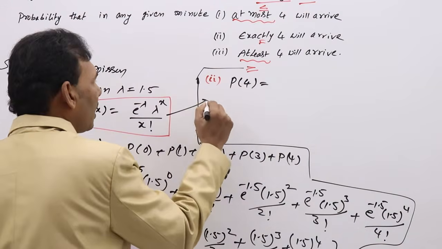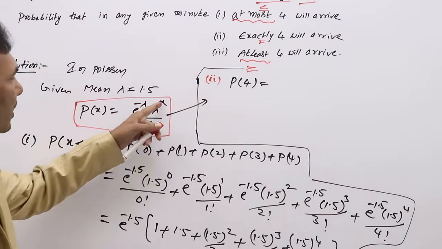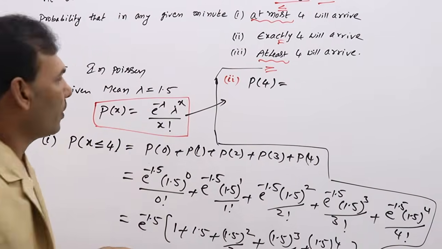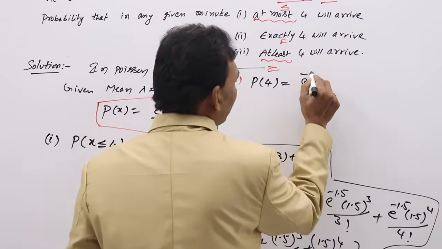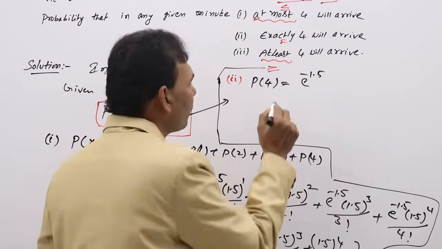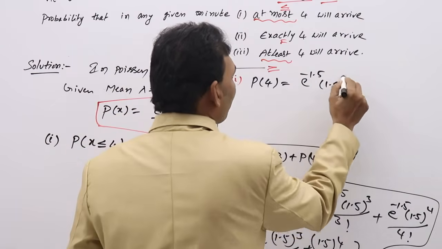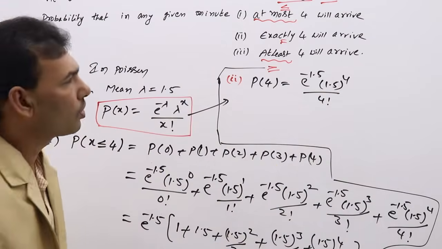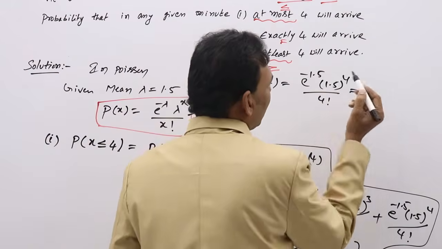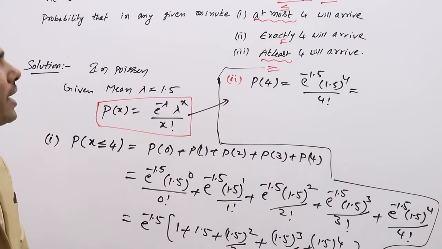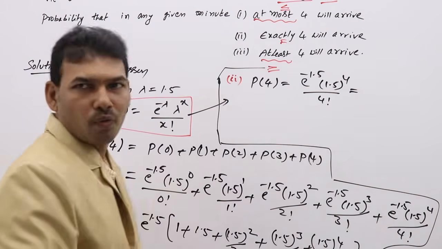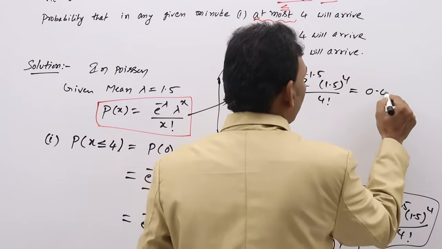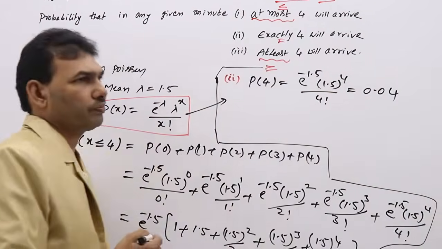So in this formula, you need to write 4 in the place of x and 1.5 in the place of lambda: e power minus 1.5 into 1.5 power 4 by 4 factorial. 4 factorial is 24. If you type it as it is in your calculator, you will get the probability that exactly 4 will arrive in 1 minute, which is 0.047.